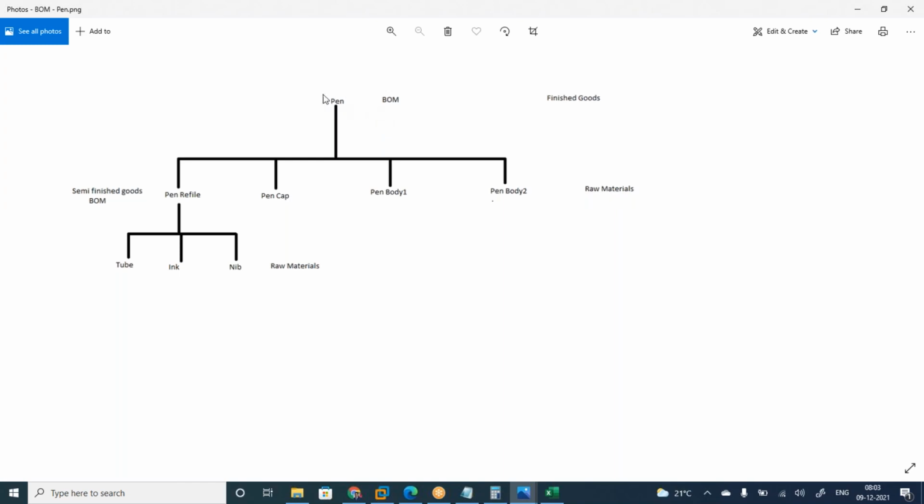All these things should be updated in production for the pen. That is a different process, and it will come in cost estimation. But inventory valuation is restricted to this only: pen refill, pen cap, pen body one, pen body two. Yes, exactly.